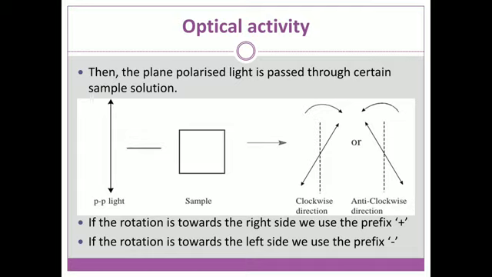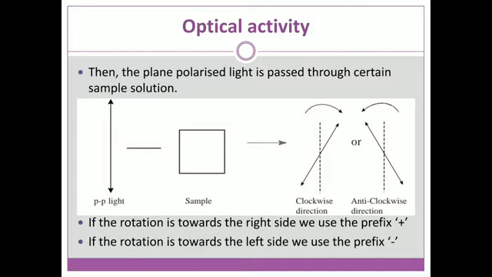Now the plane polarized light is passed through a certain sample solution. The resultant plane polarized light may be rotated in either clockwise or anti-clockwise direction. This is called optical rotation. And the substances we take are called optically active substances. And this property is called optical activity.